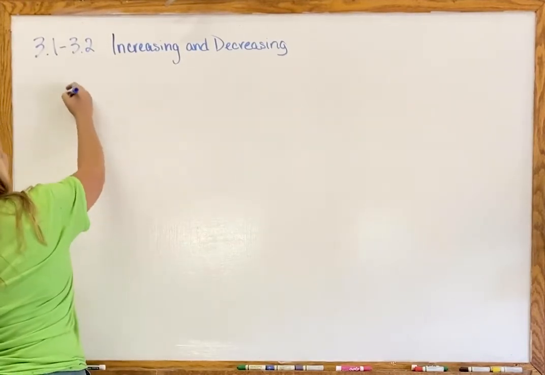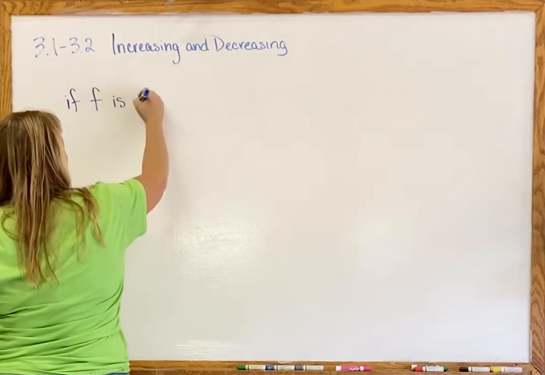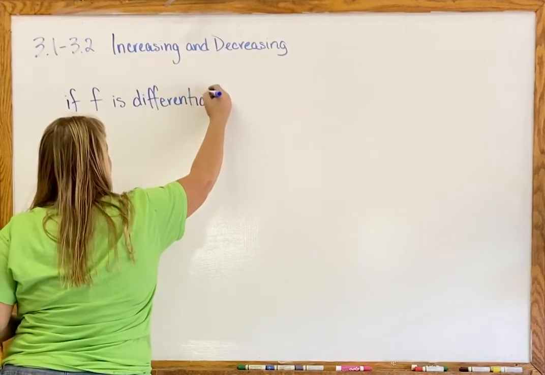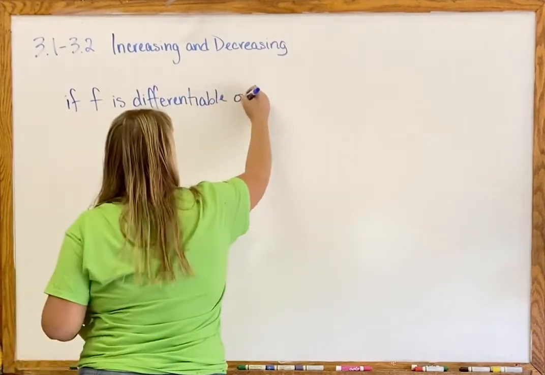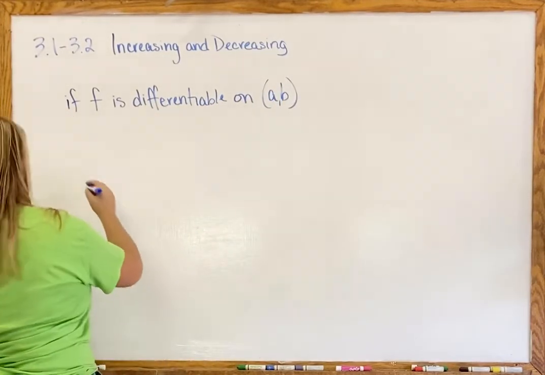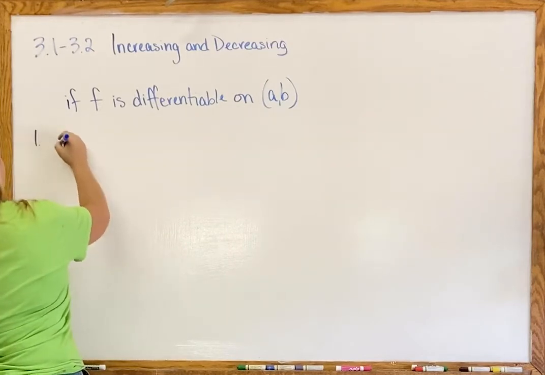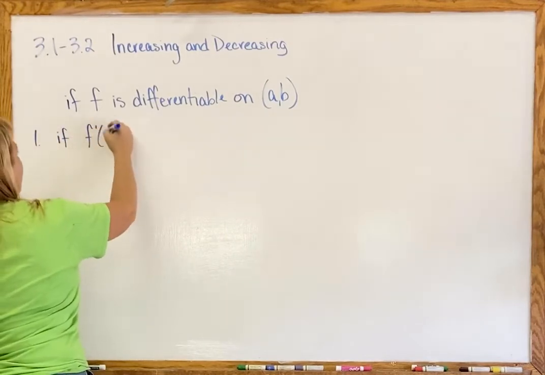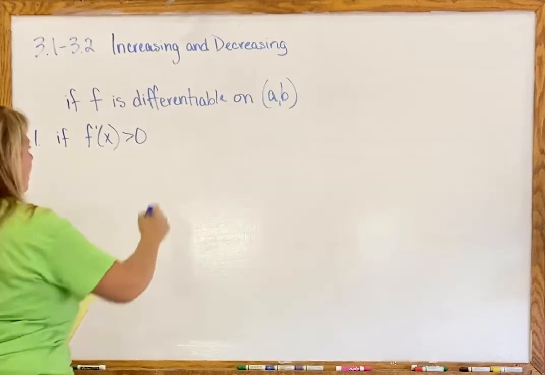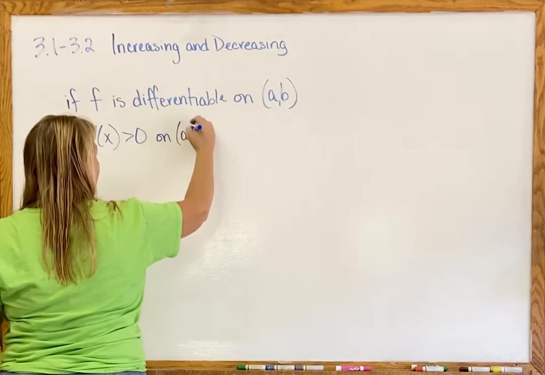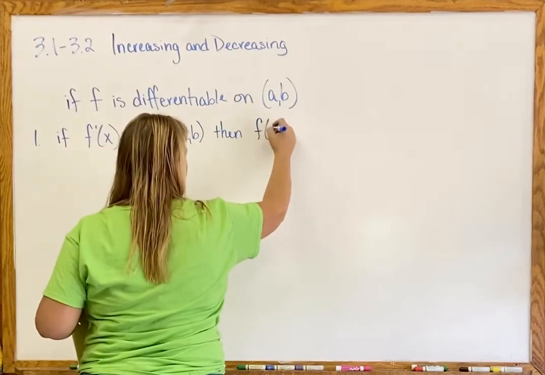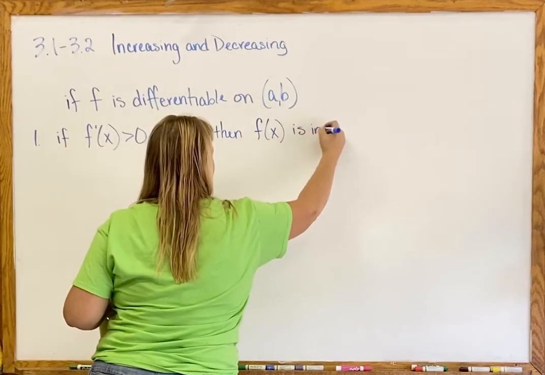This says, if f is differentiable on the open interval a to b, then first, if the derivative is greater than 0 on (a, b), then f of x is increasing.